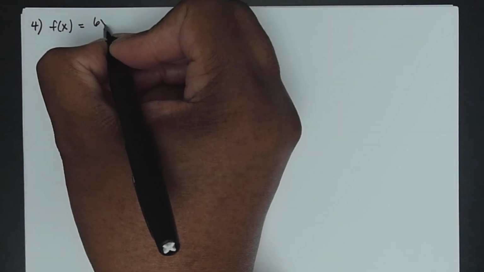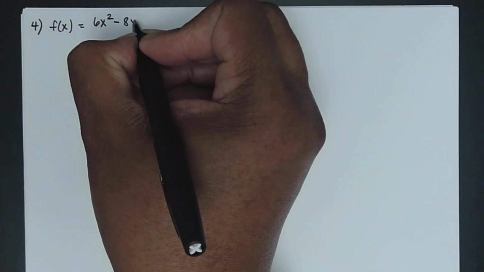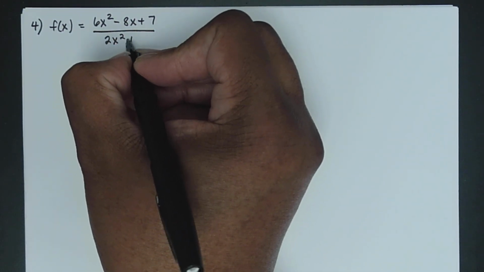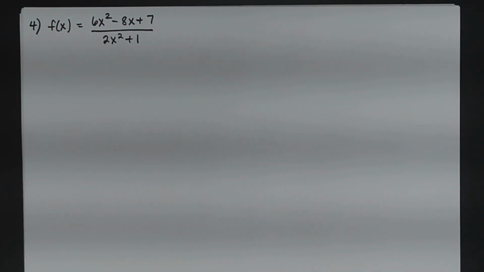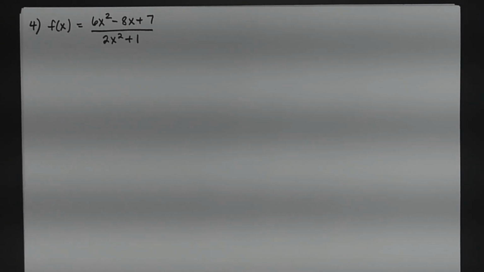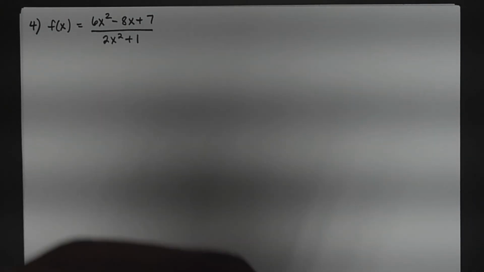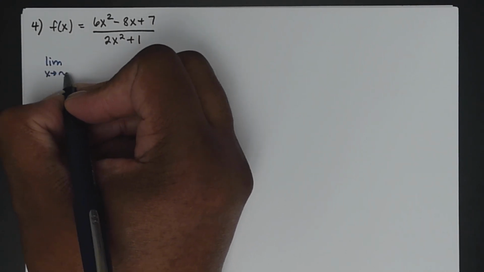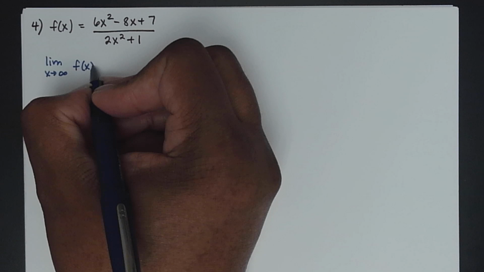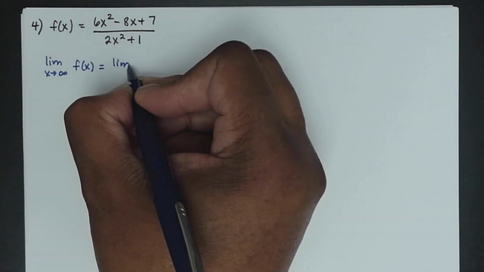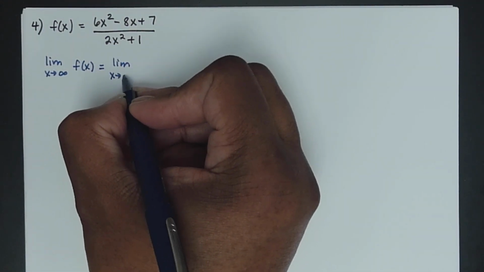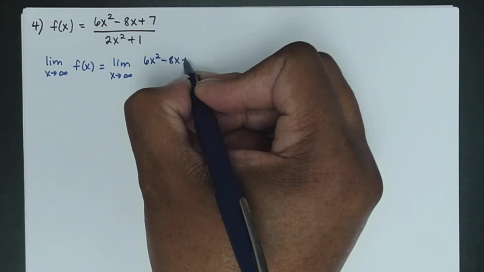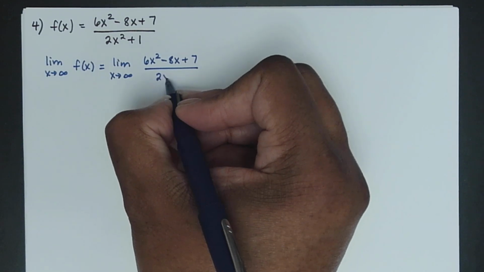So here f of x is equal to 6x squared minus 8x plus 7 divided by 2x squared plus 1. And I'm going to start with the limit as x approaches infinity, and my f of x is that 6x squared minus 8x plus 7 all divided by 2x squared plus 1.